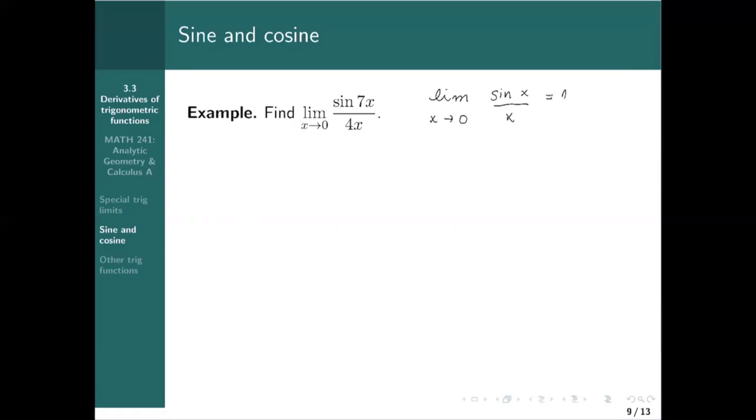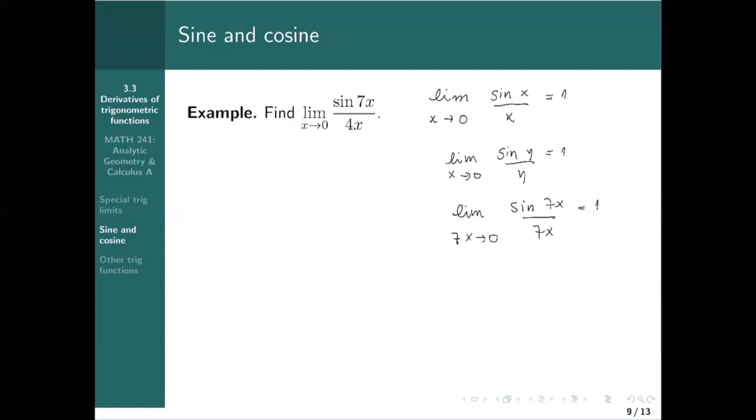So here we have x, but we could have anything else. It could be sine of y over y, and then this would be equal to 1. It could be the limit of sine of 7x over 7x as 7x goes to 0.